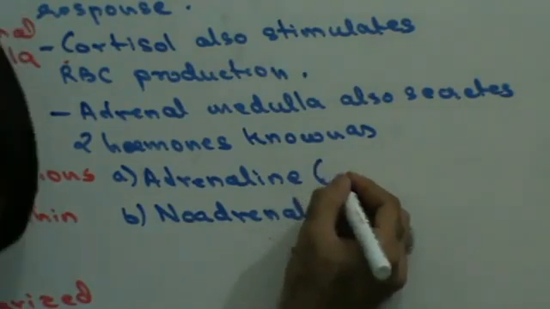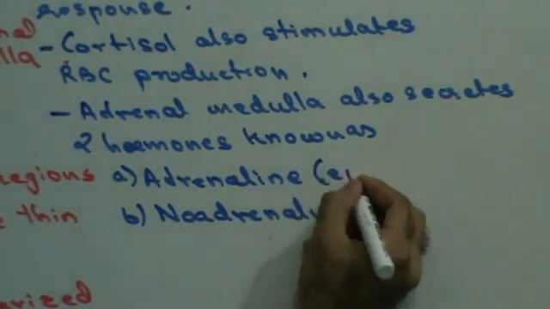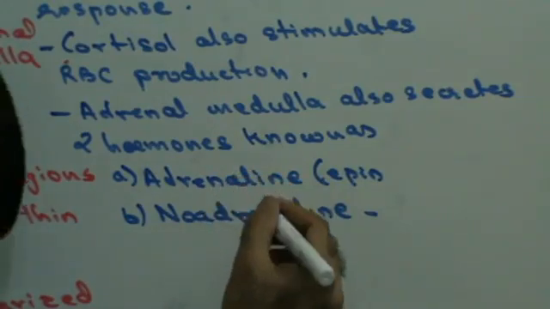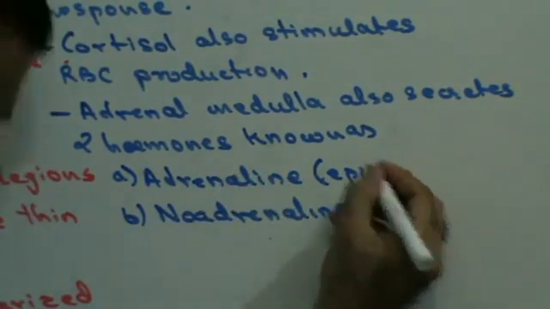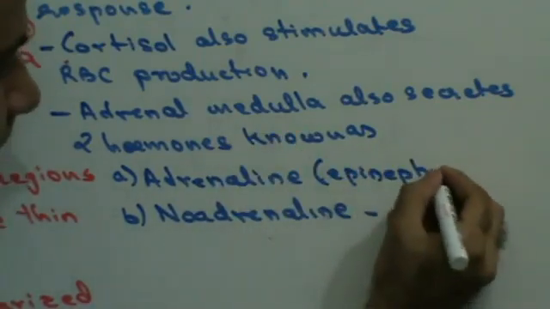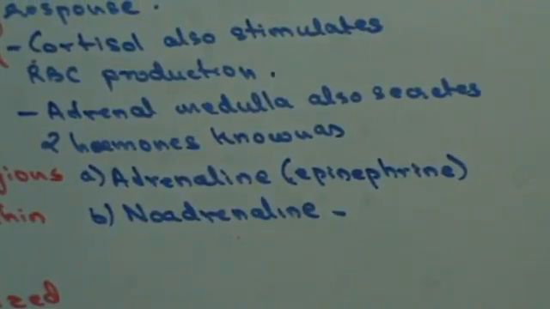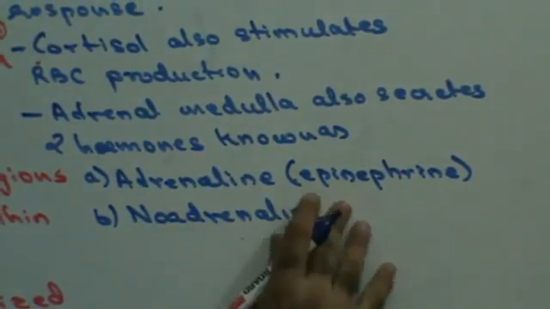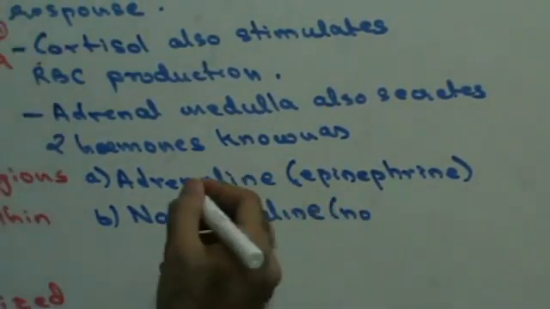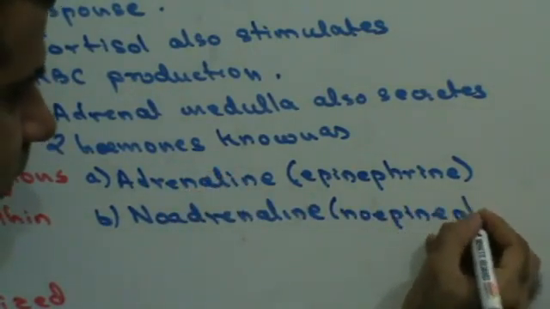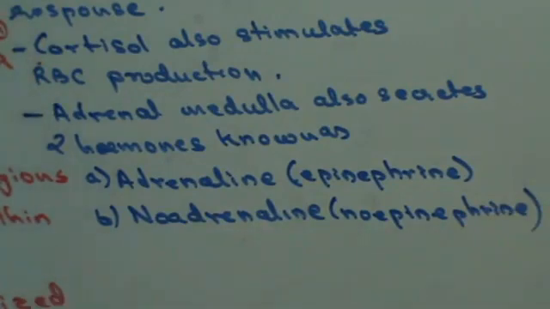Adrenaline is also known as epinephrine, and noradrenaline is also known as norepinephrine. So these are the other two hormones secreted by them.